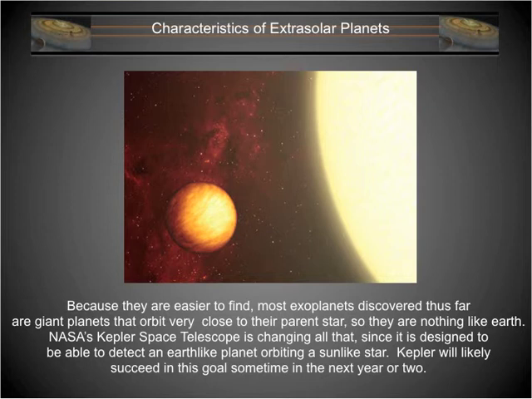So really we don't have an exactly true Earth analog that we've found yet, but that's Kepler's goal, and there's a lot of data that has not yet been sorted through, so I would not be surprised if in that data there is some kind of Earth analog that will be confirmed in the upcoming year or so.